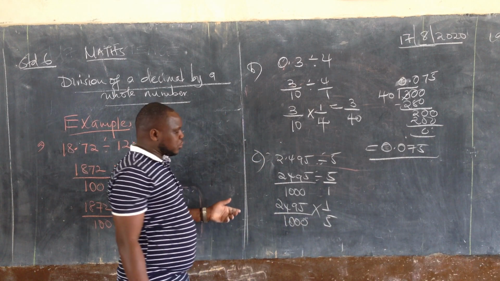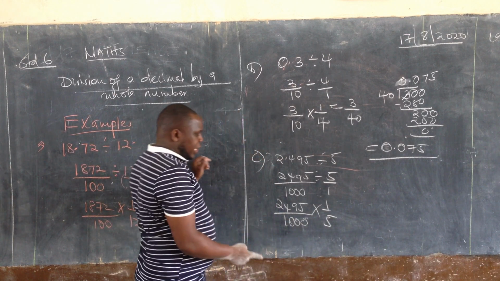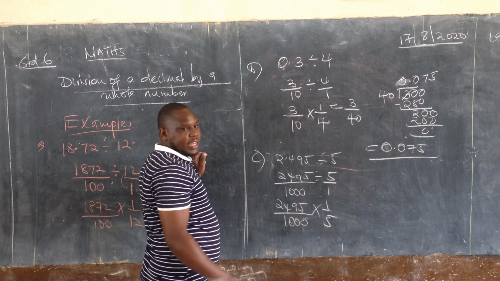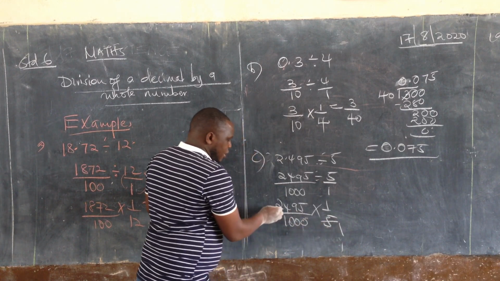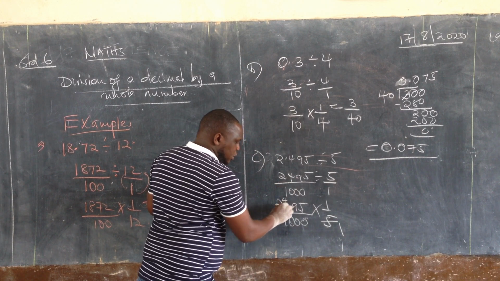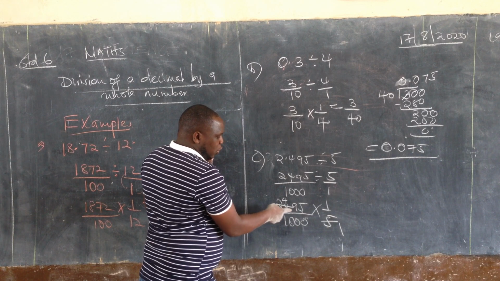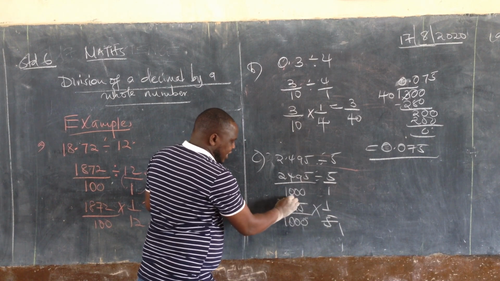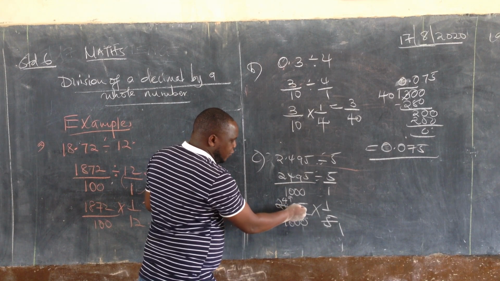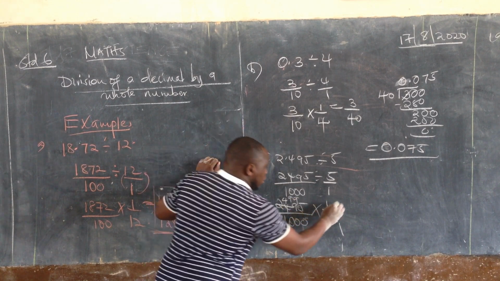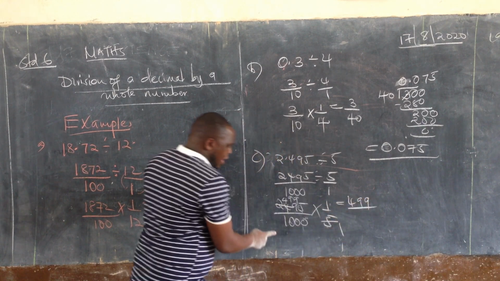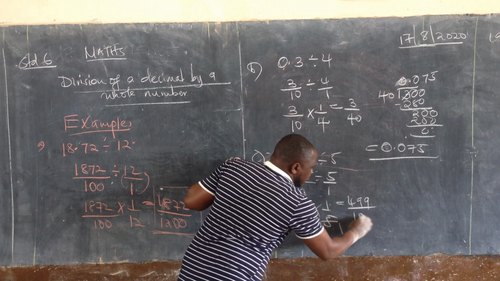And here, Lana, you can see that we can cancel, because this is 5 and there is a 5 here at the end. So by 5, 5 gets into 24, 4 times because it will give you 20. Then you carry this 4, this 9 now. 9 times 5 is 45. 49 minus 45 is 4. You bring the 4 here. It becomes 45, 9. So in this case, we have 499 times 1, which is 499 over 1,000 times 1, which is 1,000.